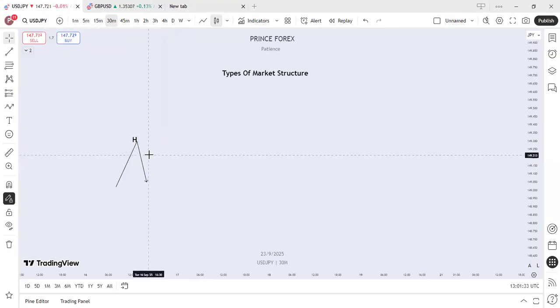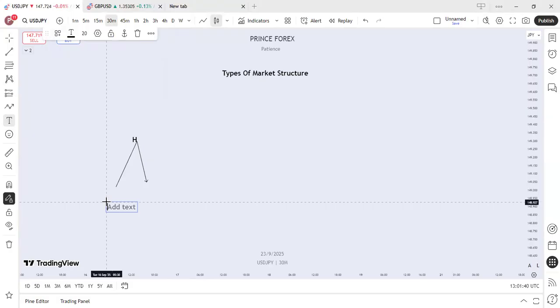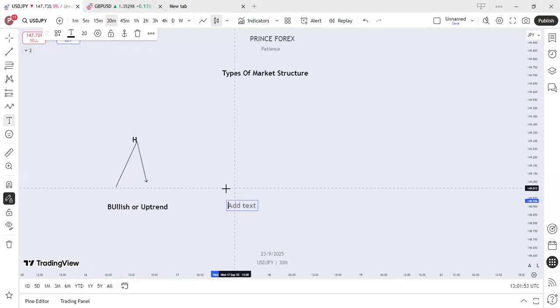So if this is a high, and we said for all uptrends or bullish structures, they have these characteristics: higher highs and higher lows, right?